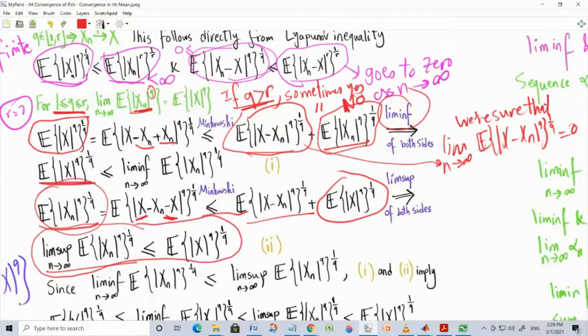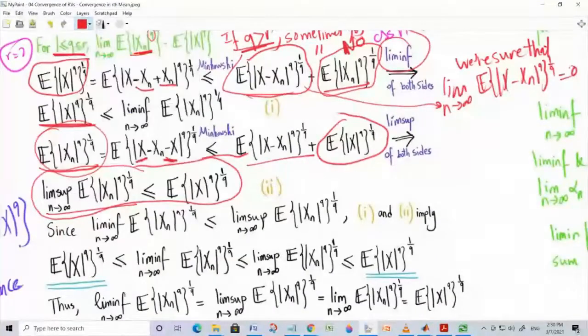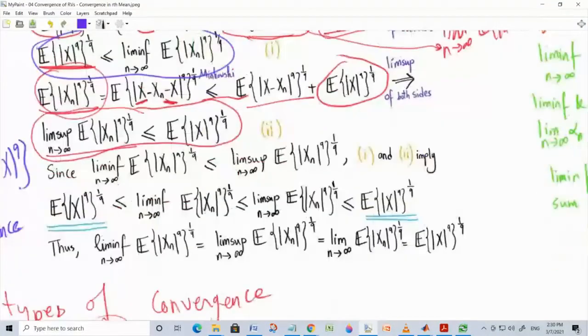Now, from your course on analysis, you know that limit infimum is less than or equal to limit supremum. If you don't know it, here I am saying it. You can show mathematically that limit infimum is always less than or equal to limit supremum. So this will allow you to combine both results and write this chain of inequalities.